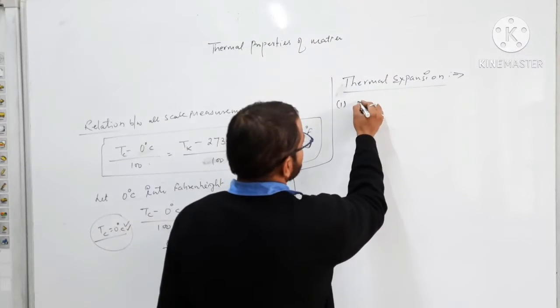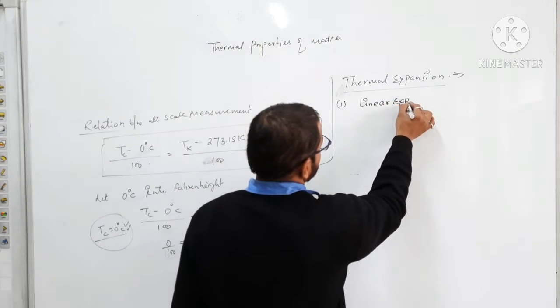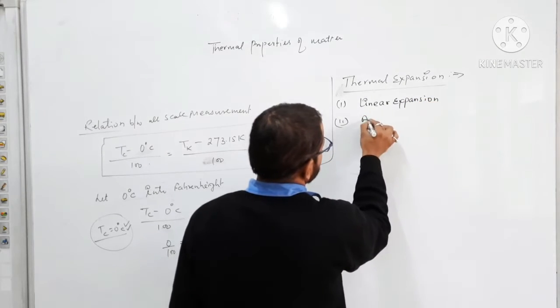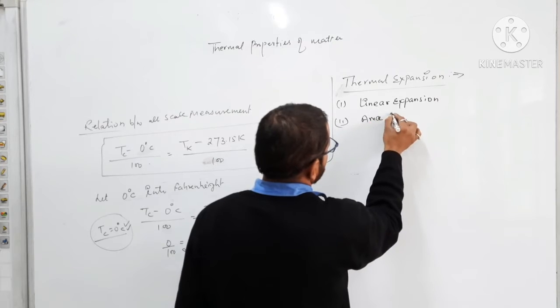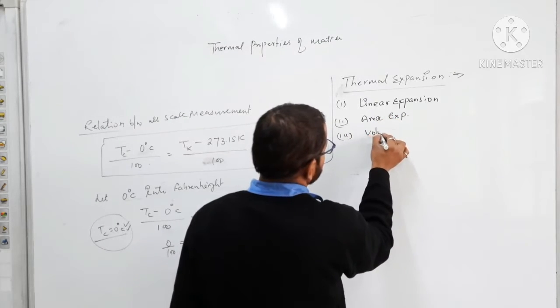So first is linear expansion, second is area expansion, and third one is volume expansion.